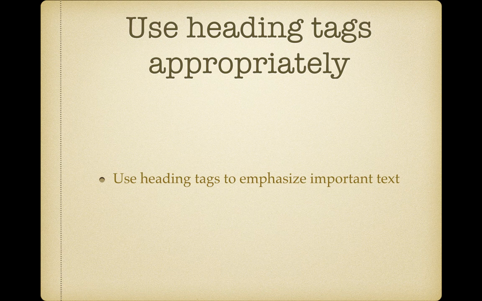So as humans, when we look at a document and we see that there's lots of text in a certain font, and then in certain places there's text that's bigger and bolder, well, we can gauge from the relative size of the fonts that this is the title of the document, this here is a heading, this is a heading, this is bigger than the regular text but smaller than those other ones, so that's probably a subheading.